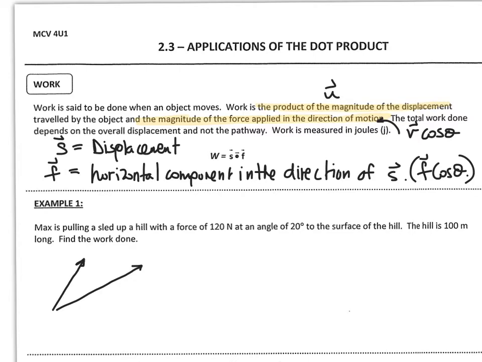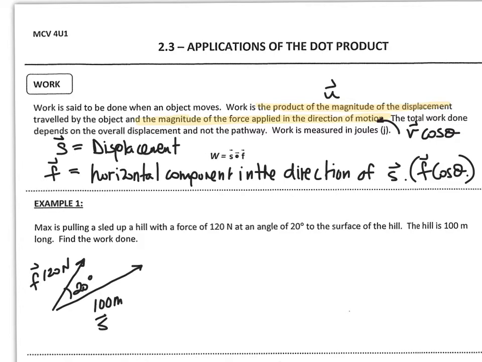That's our F of 120 newtons for the magnitude. He's pulling at 20 degrees to the hill, and your hill is 100 meters. So this is my displacement vector S.